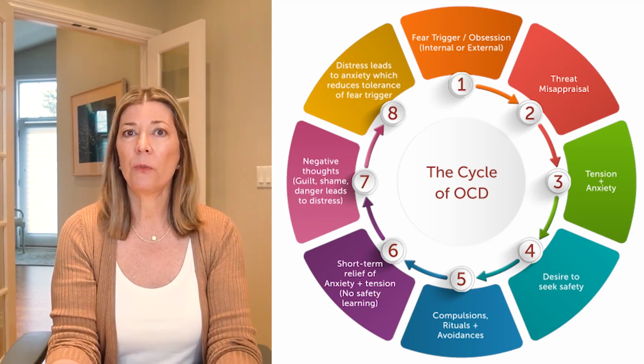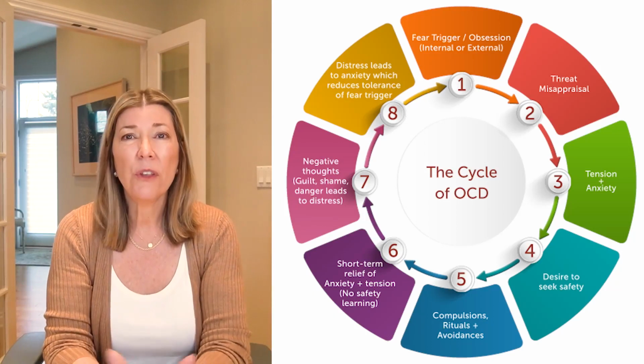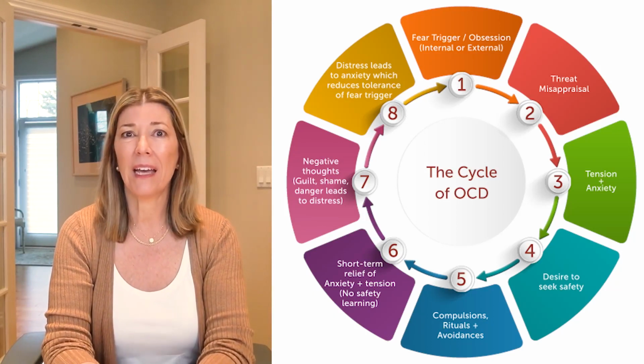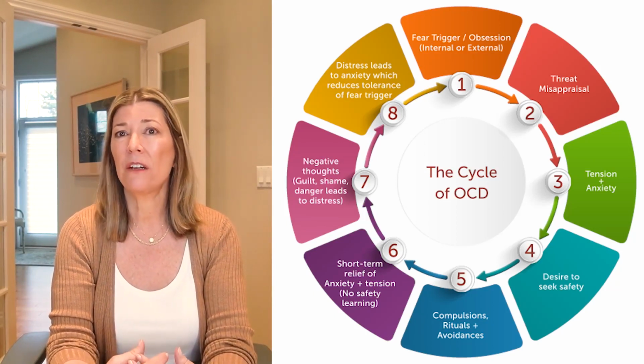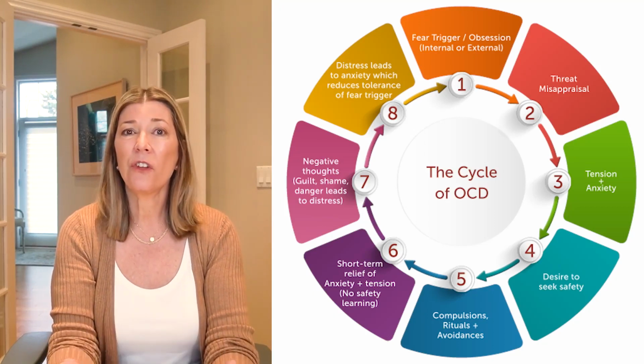And this reduced tolerance actually reinforces the OCD cycle. Now, the OCD cycle has a lot going on. It involves mental activity and physical activity and certain emotional activity, and it's self-perpetuating unless the cycle is broken.